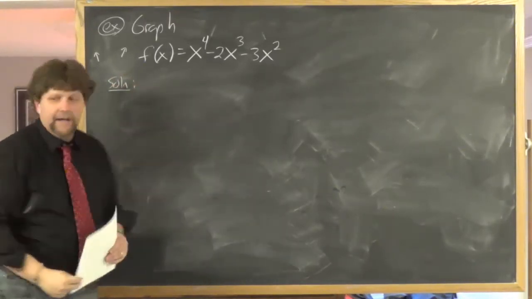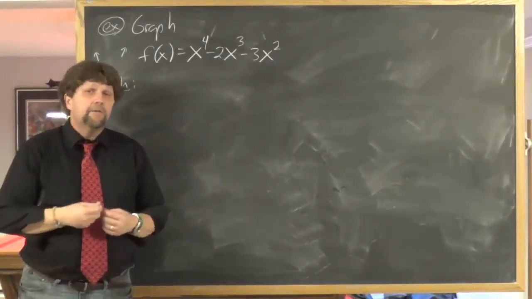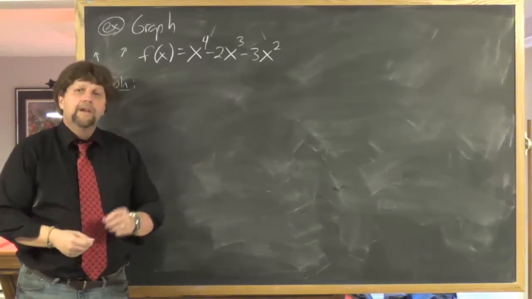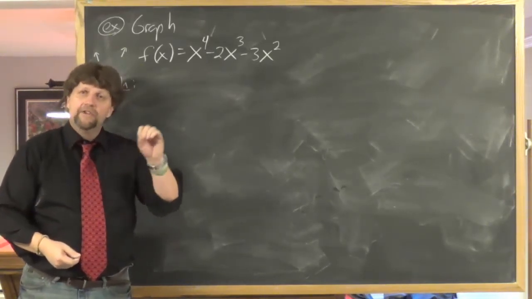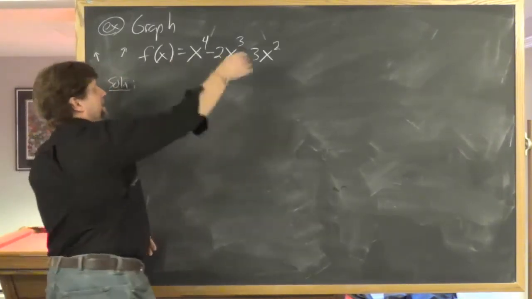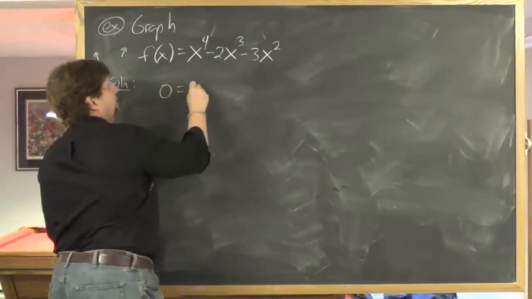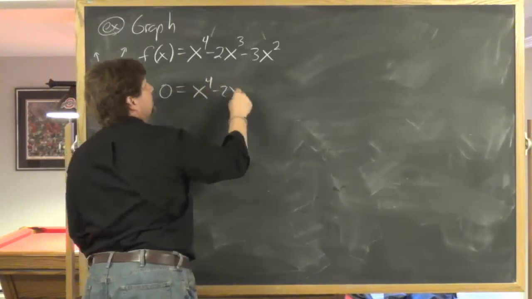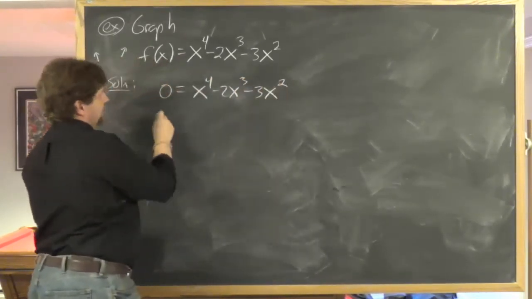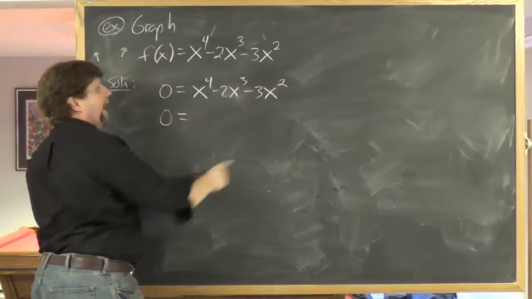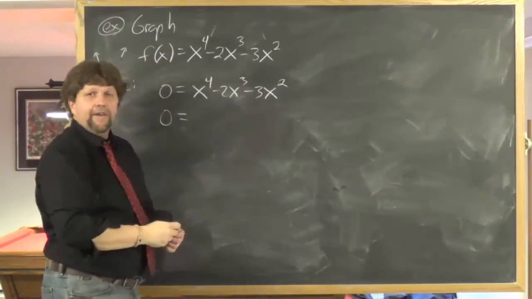I would try to find the zeros of the function. Remember, zeros of a function are where the function equals 0. So I take my function, set it equal to 0, and I'm going to try to solve this equation. Hey, look, there's a common factor here of x squared.